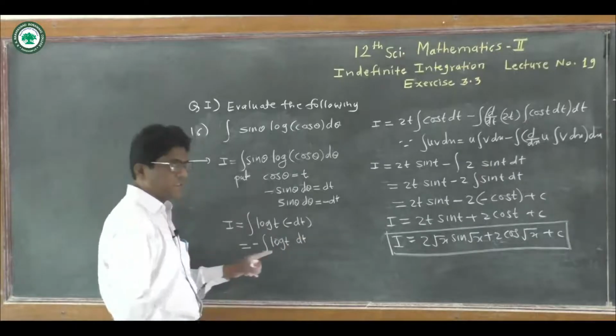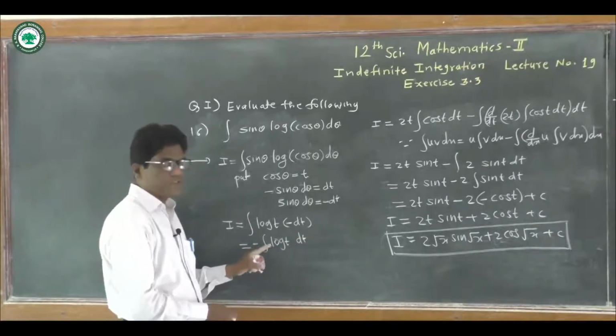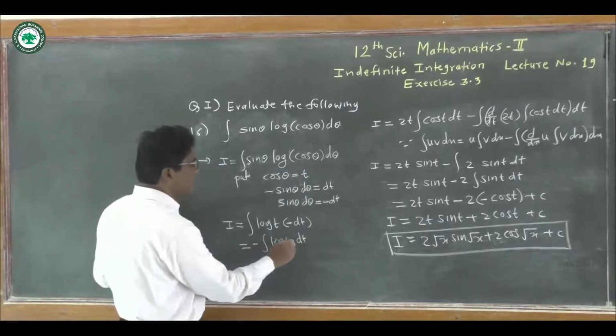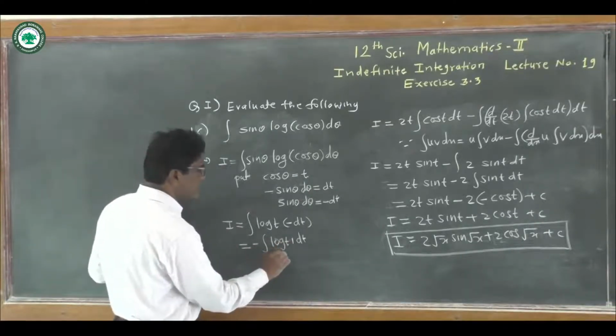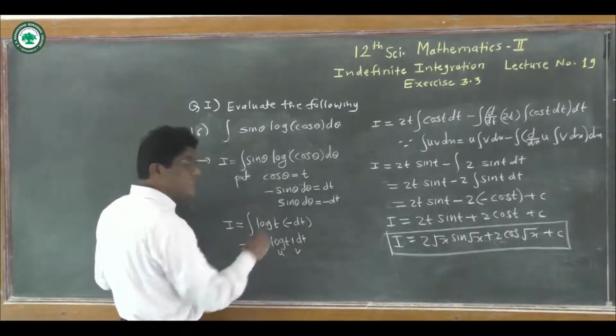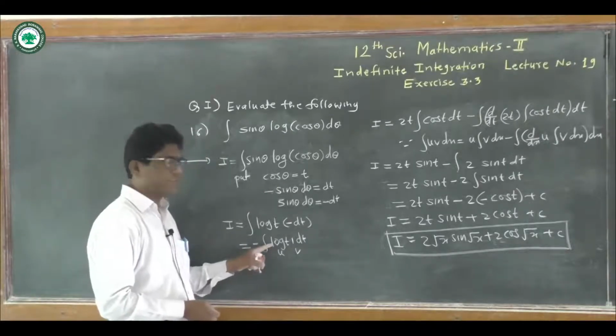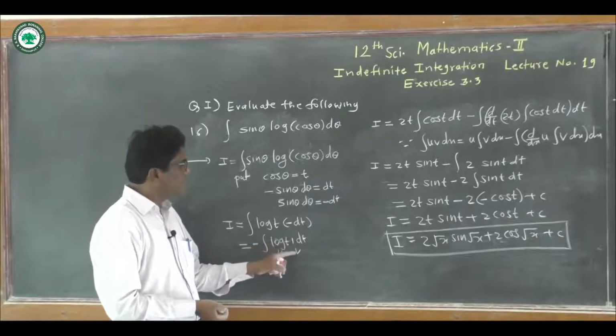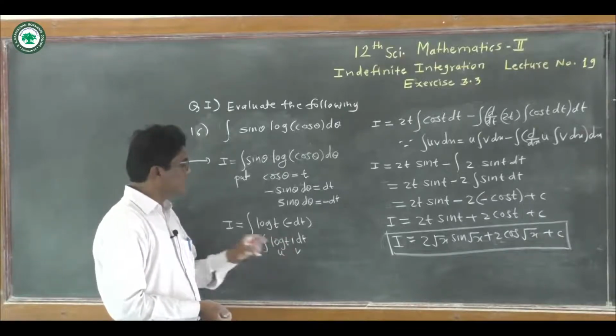Now here we have to take the integration of log of t. We have seen in the previous example integration of log of t. Here take 1 and take this as u and this as v. It is according to the LIATE rule, logarithmic function first function, so it is u, and this one is algebraic function, so 1 is v.